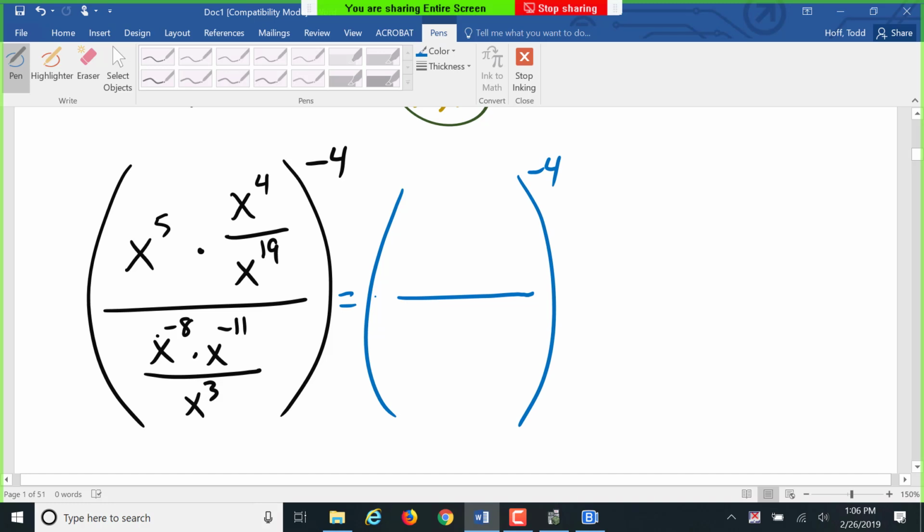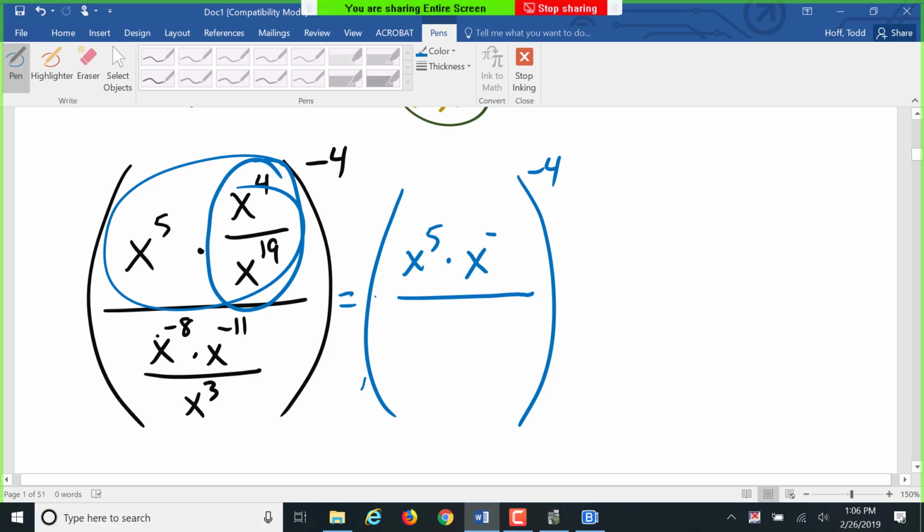Hang in there. So now on this top one up here, the first thing we have to do is we're going to have to reduce that fraction. So the x to the 5th isn't going to change. What is the x to the 4th divided by x to the 19th? Negative 15. Perfect.